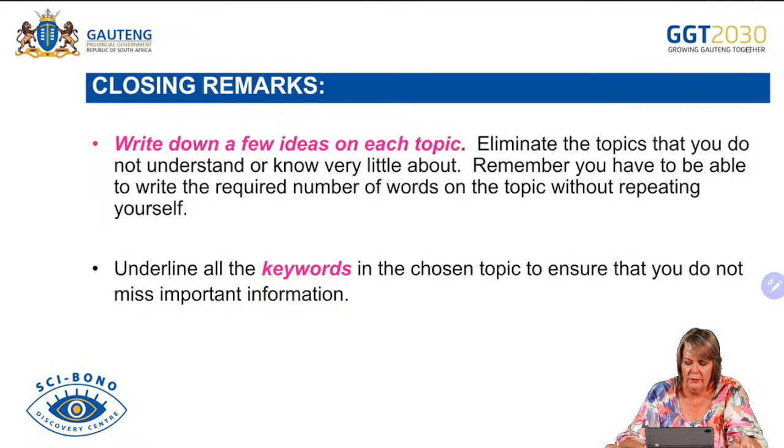So you need to be very sure that you write down your important information and that you write the required number of words, 250 to 300 words, on the topic without repeating yourself. Underline all the key words in the chosen topic to ensure that you do not miss important information.